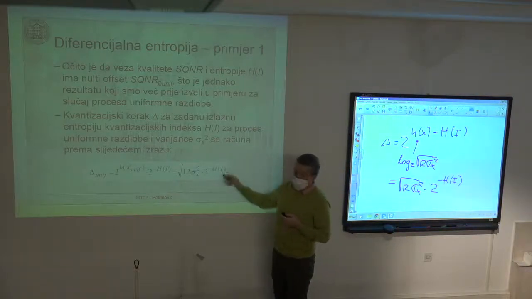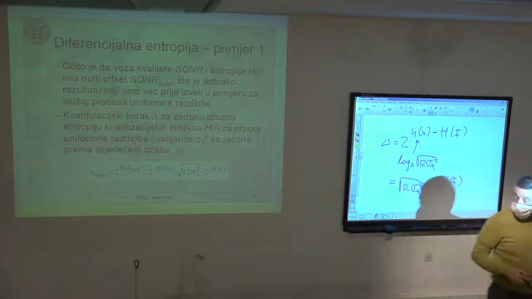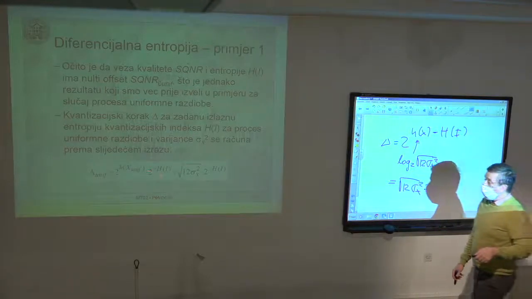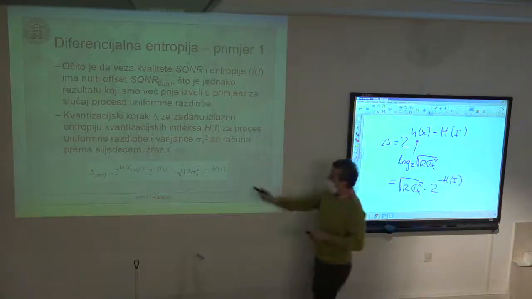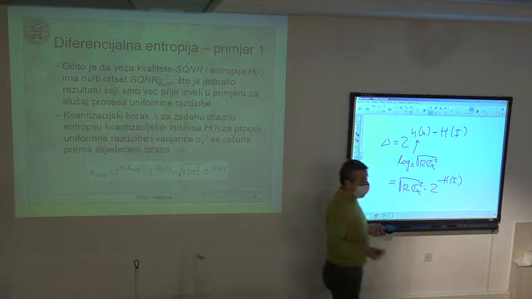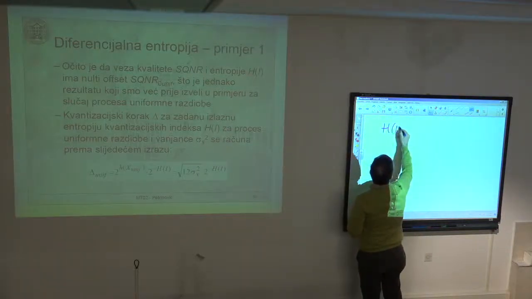That is the expression that tells you what the step size should be if you have a given channel capacity. For example, 3 bits per sample. In this case, for the process with uniform distribution, I have to select the step size based on the variance of the process. This is simply 2 to the power of minus 3, if h(I) is 3 bits per symbol.